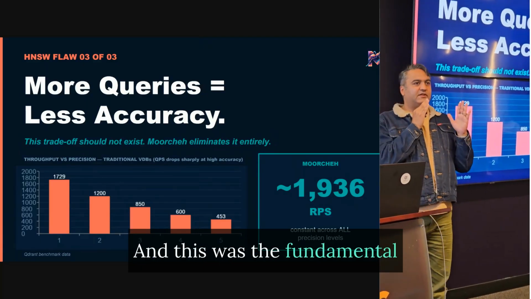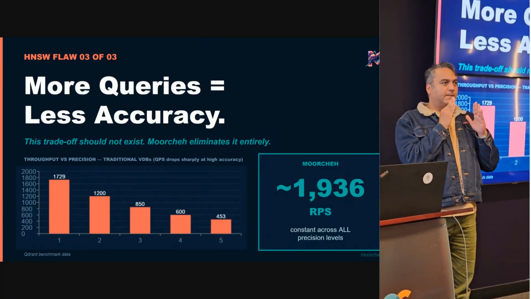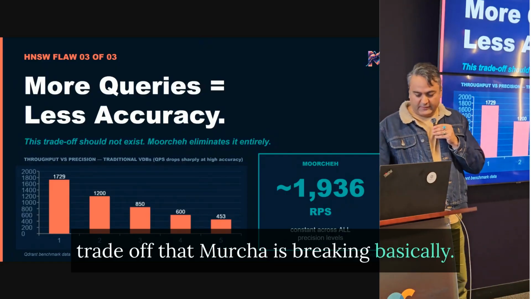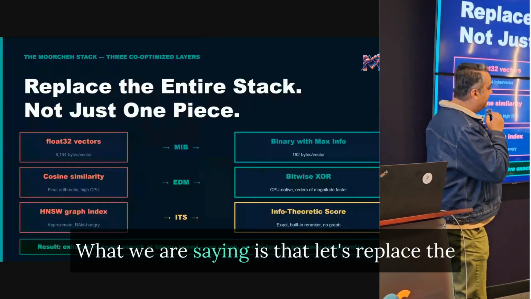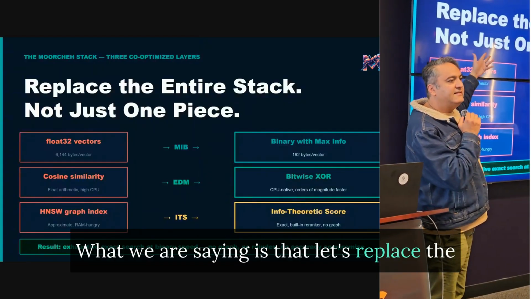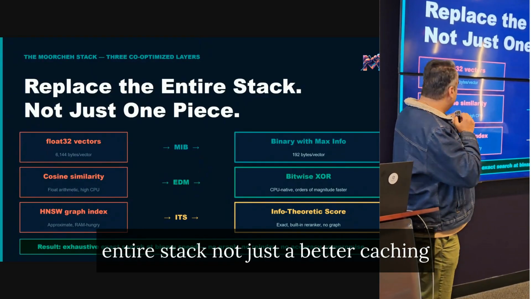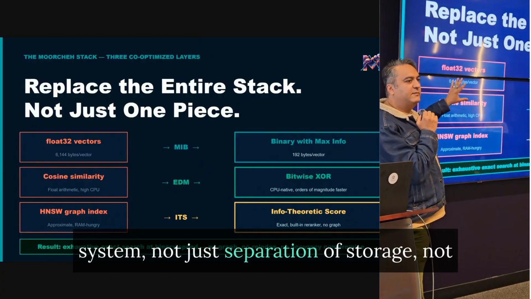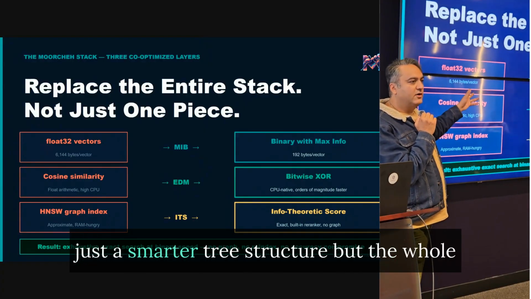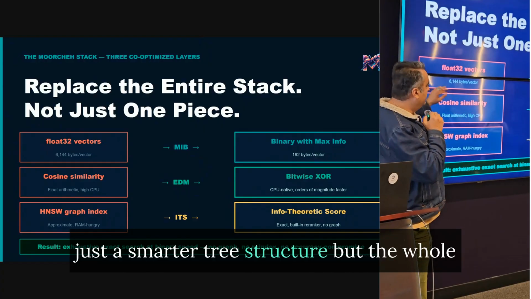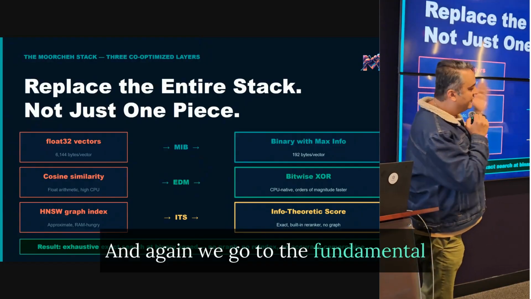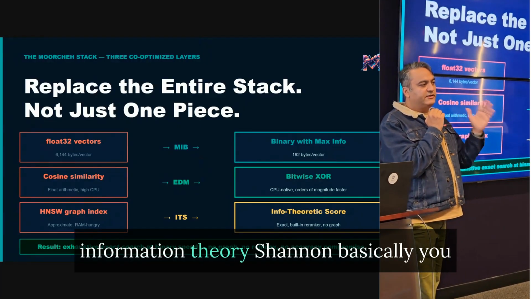And this was the fundamental trade-off that Moorcheh is breaking, basically. What we are saying is let's replace the entire stack, not just a better caching system, not just separation of storage, not just a smarter tree structure, but the whole thing. And again, we go to the fundamental, the information theory, Shannon.